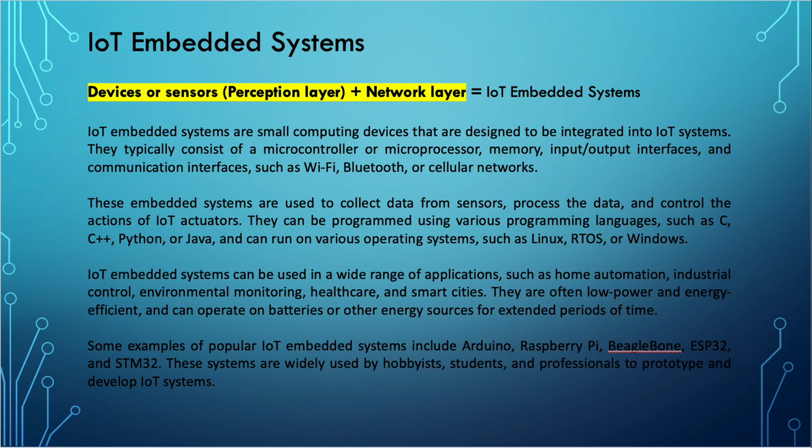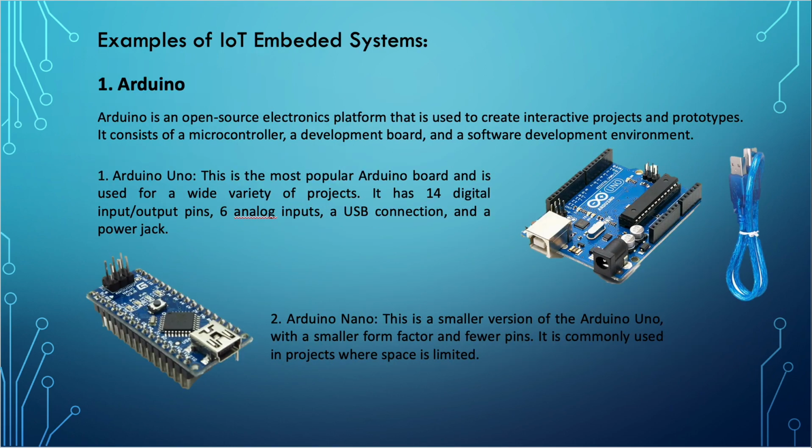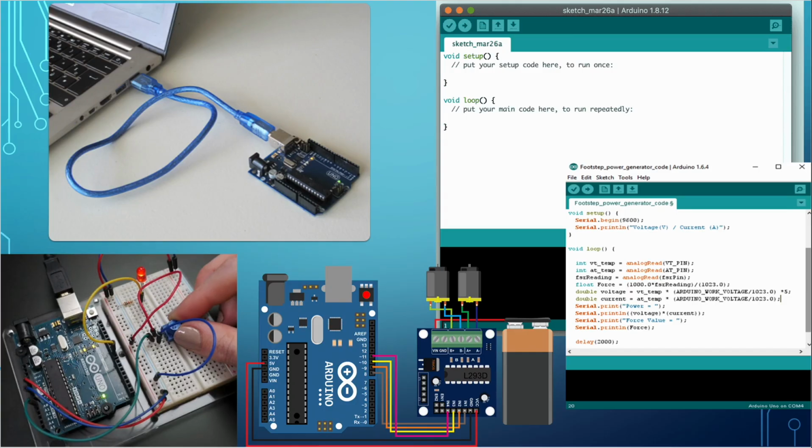Then we talked about embedded systems, and we talked about how to select the relevant embedded system. We talked about Arduino a little bit more, right? We talked about how Arduino is connected, how the connections can be made. We talked about the data sheet of Arduino.